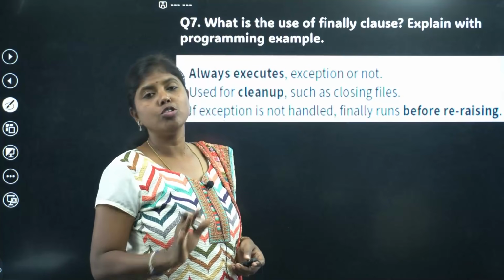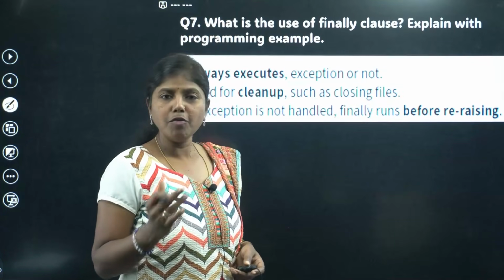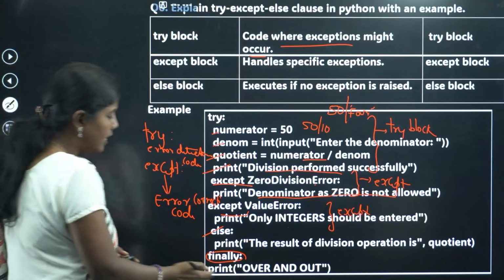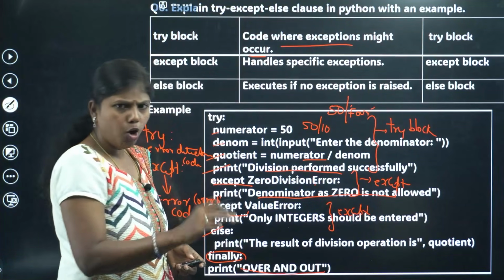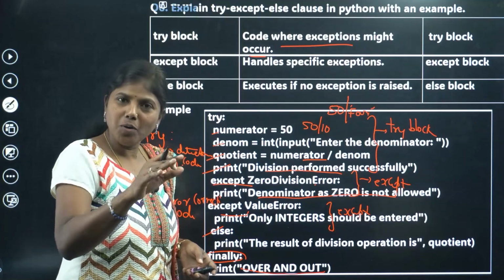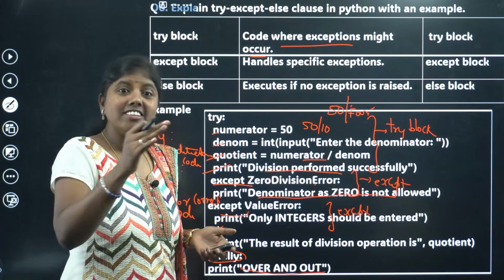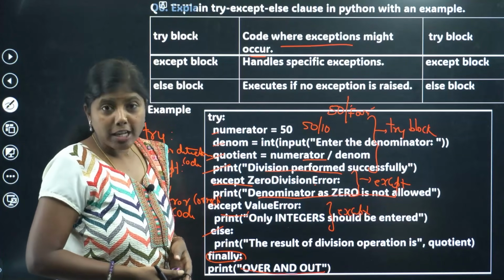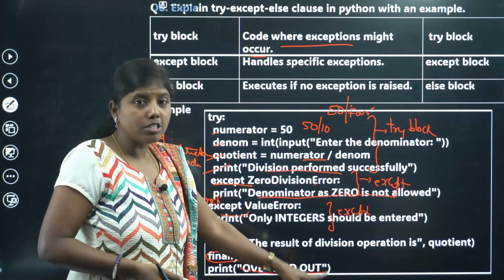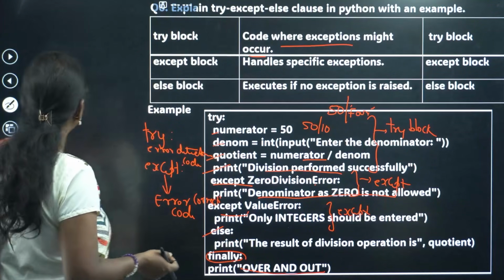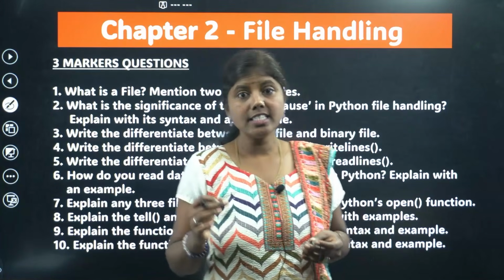Before re-raising, it's going to execute this, over and out. After that, if any error is there, it's going to re-raise. So it's going to execute this and then re-raise. Is the point clear? Okay, let's start the second chapter.